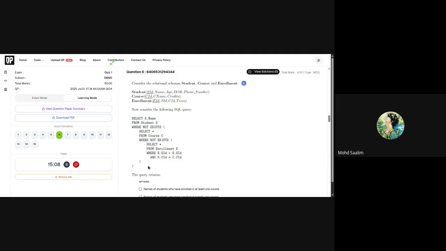And this collection will be empty when this condition becomes false, right? And this condition will only become false when the student is always enrolled with every single course that we are trying to select, right?